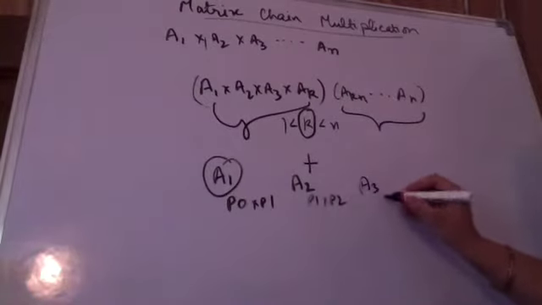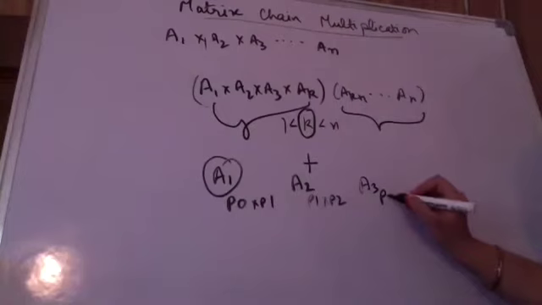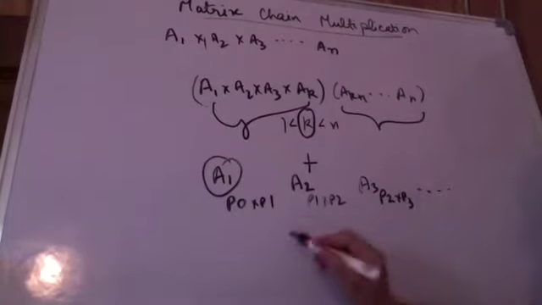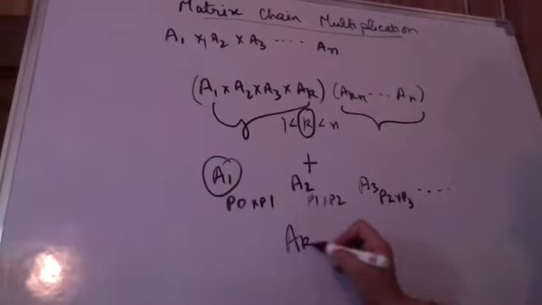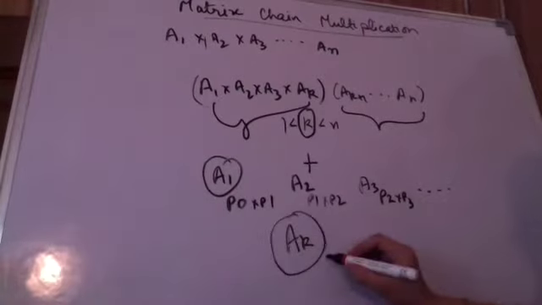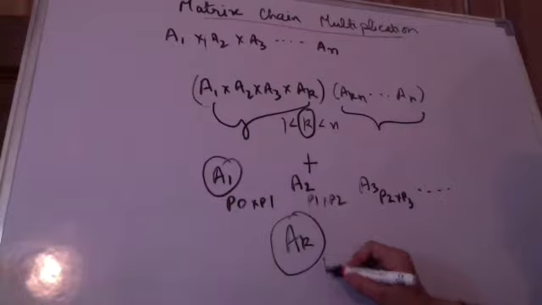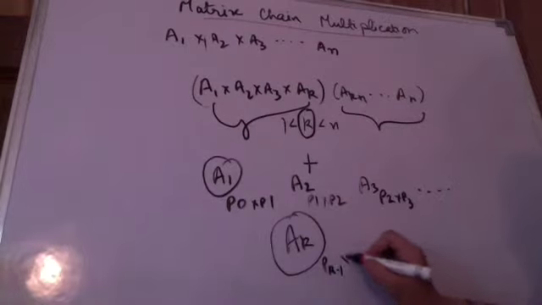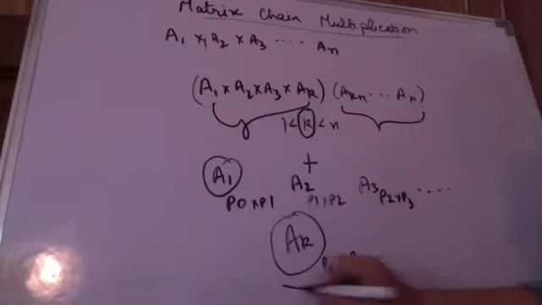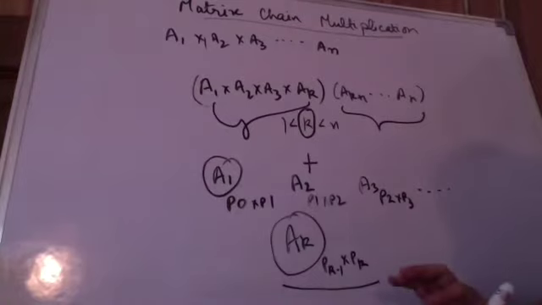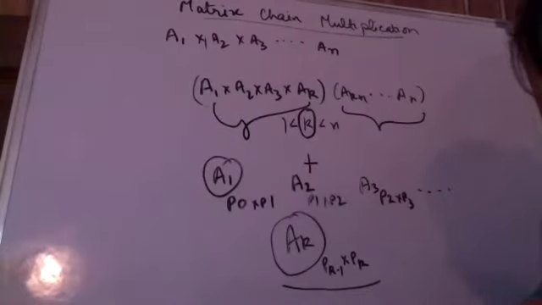A3 is of the order P2 into P3 and so on. So that I can say that matrix AK is of the order P(K minus 1) into PK. So P is, I can say, an array which is storing the order of the matrices which I want to multiply. Any doubt anybody is asking?